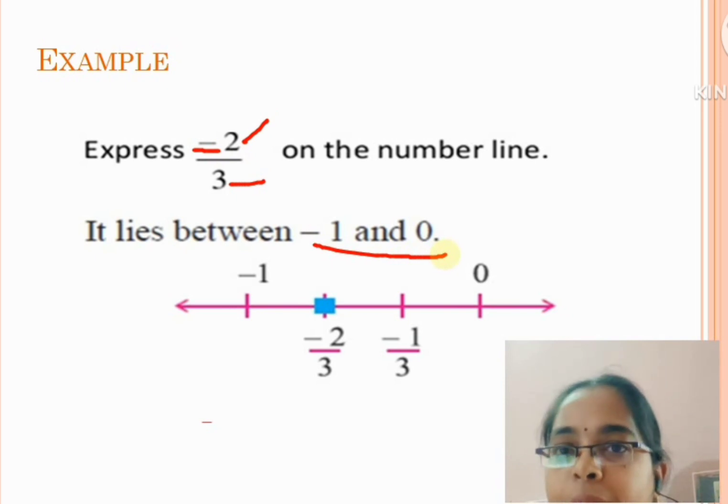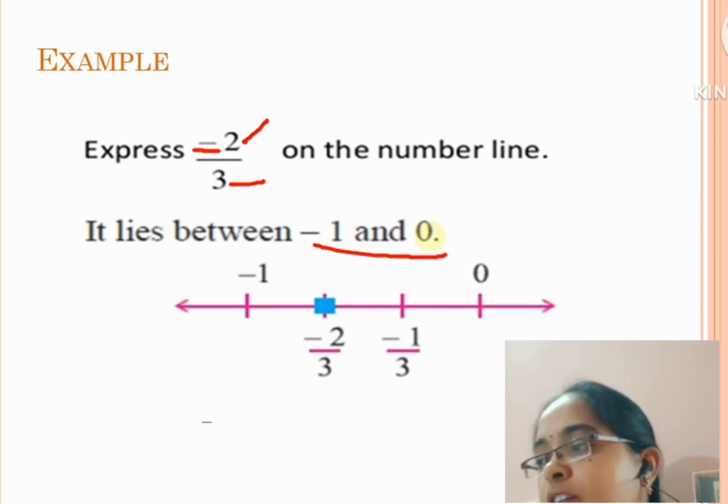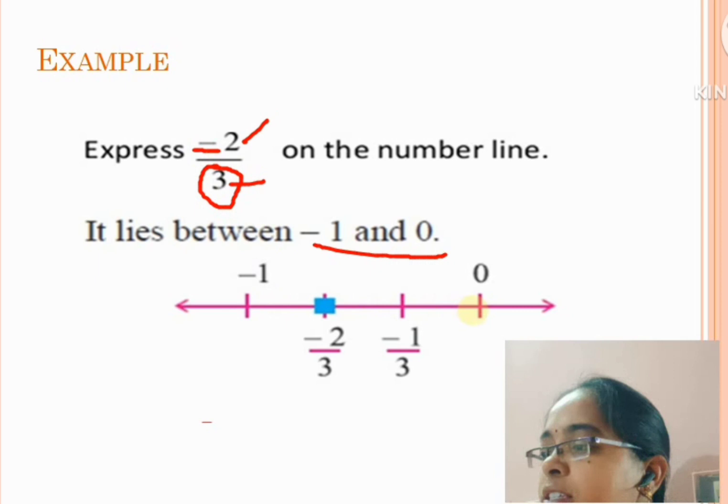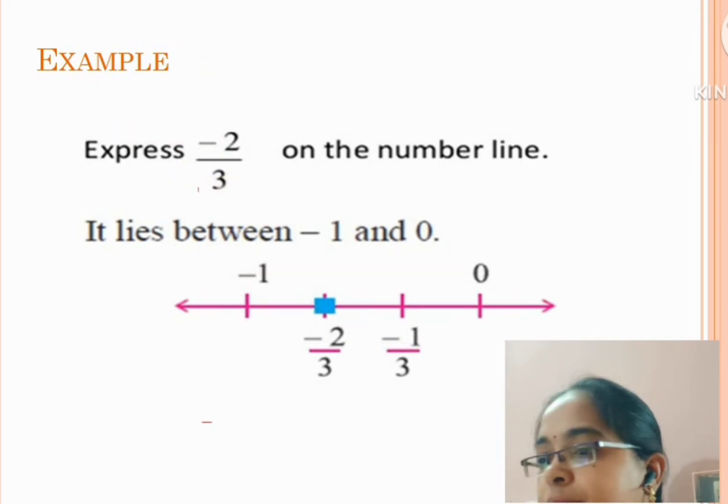If it is positive, it lies between 0 and 1. If it is negative, it lies between minus 1 and 0. So between minus 1 and 0, we need to make 3 subdivisions because the denominator is 3. Mark each subdivision as minus 1 by 3, so the second part we get is minus 2 by 3. Like this we can represent negative rational numbers on the number line.